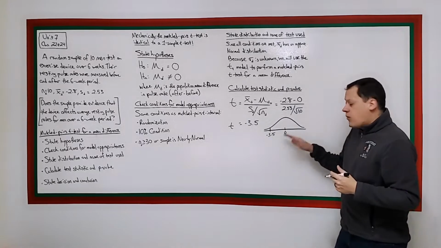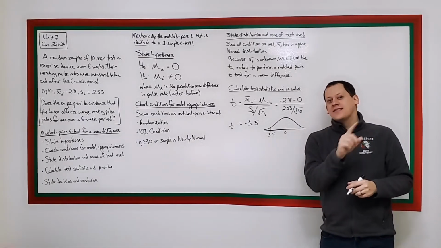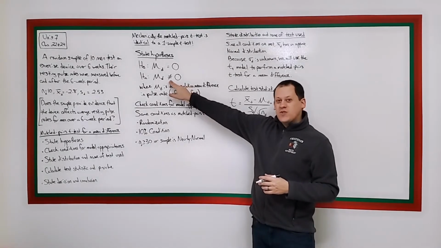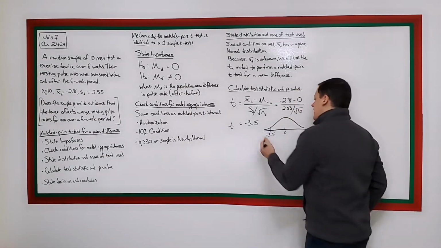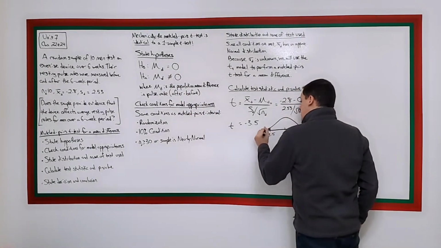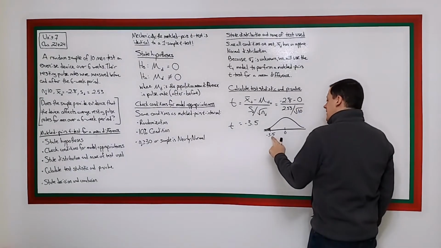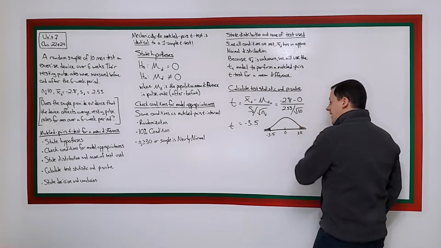But in order to know where to shade, you always look back to the alternative hypothesis. What is it we want to prove? This is a two-sided test. So we've got to shade on both sides. So yes, we do want this area over here, but we also want the equivalent area on the right end, everything from positive 3.5 and up.